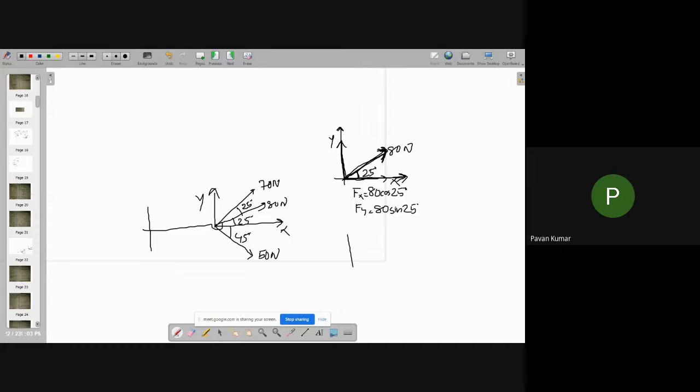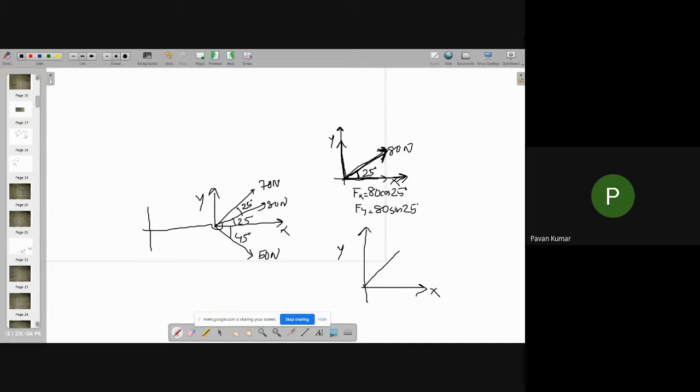Now for the second one. So this is our x and this is our global y.